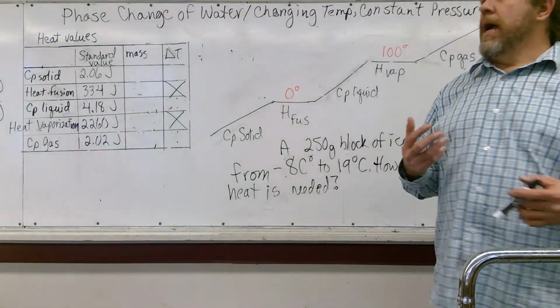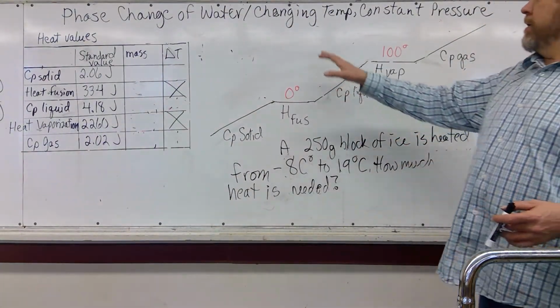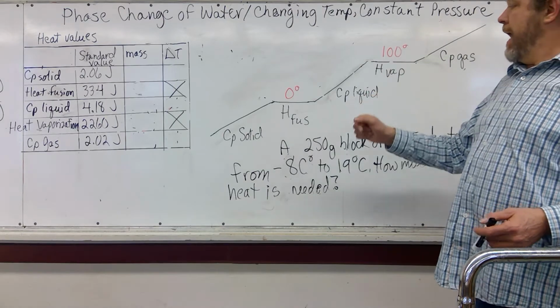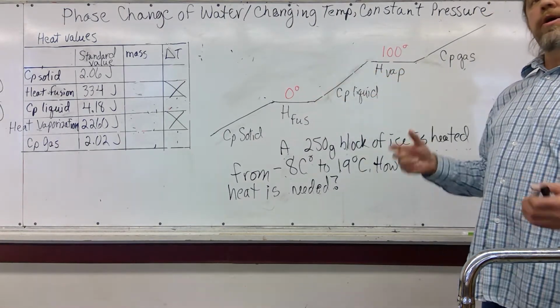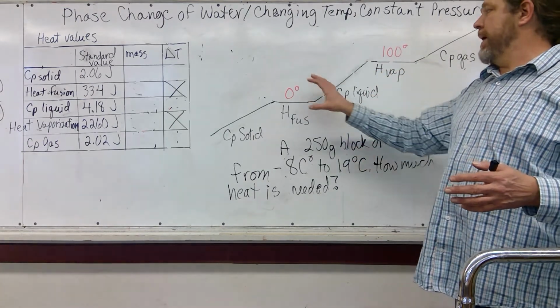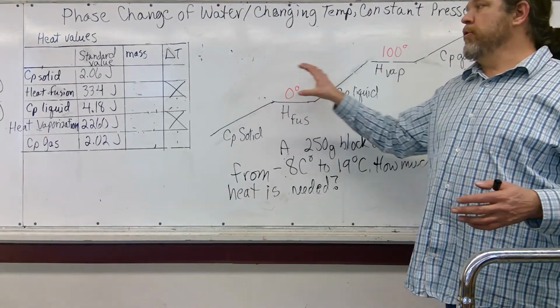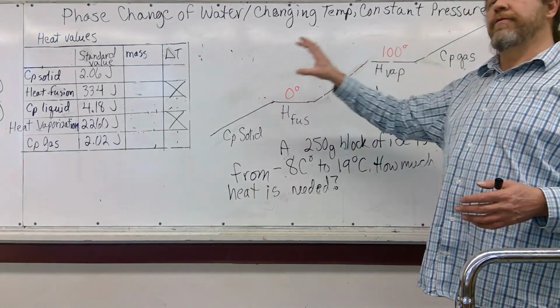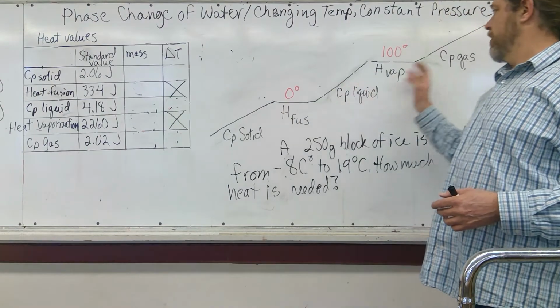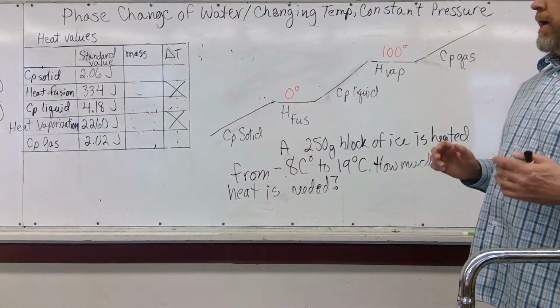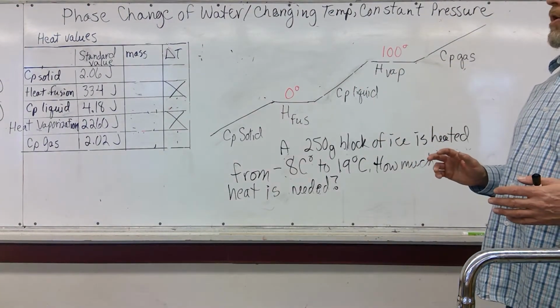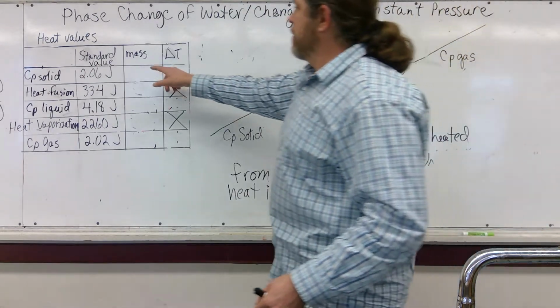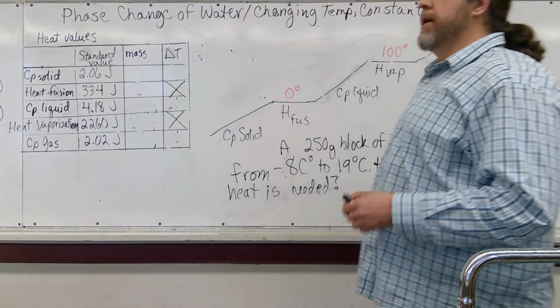So water, at normal pressure, has 0 degrees and 100 degrees as its respective points where we're moving across phases of solids, liquids, and gases. And for this to happen, we have to have the energy investment in joules.